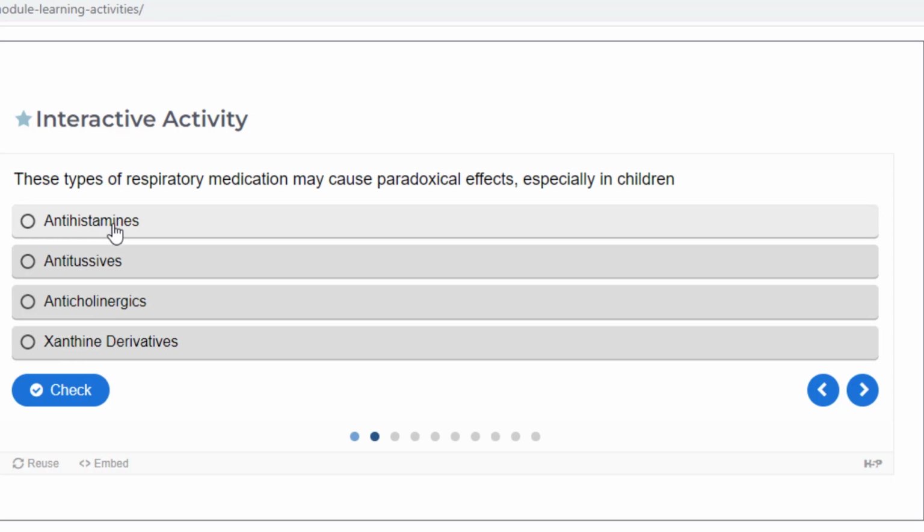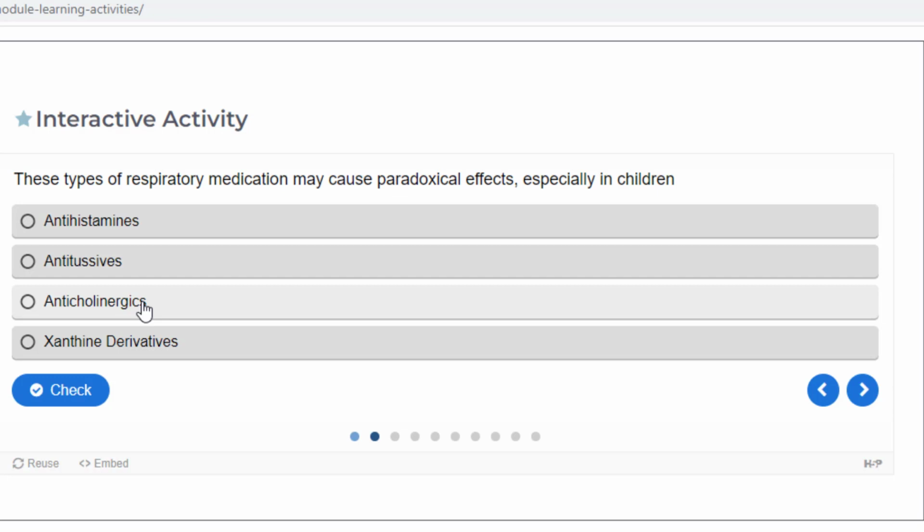So an antihistamine, not to be confused with a decongestant, but antihistamines are like Benadryl and Claritin and Zyrtec, and then diphenhydramine for the generic name, loratadine, and so forth. Antitussives are those that stop cough or prevent cough. Anticholinergics, something like this would be something where we're going to treat, just like an albuterol inhaler, which is not an anticholinergic.